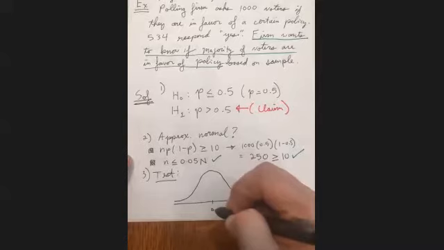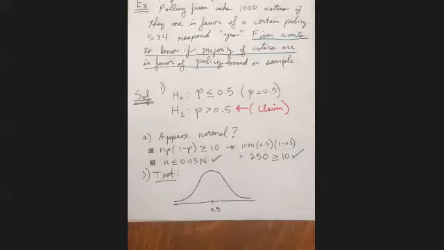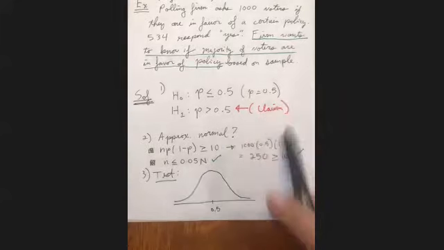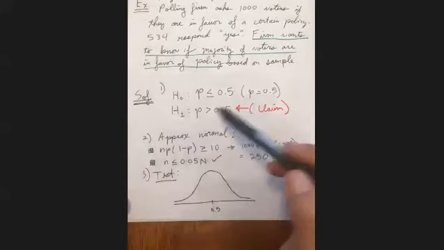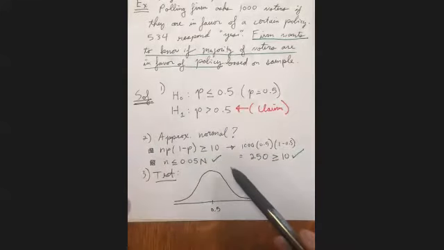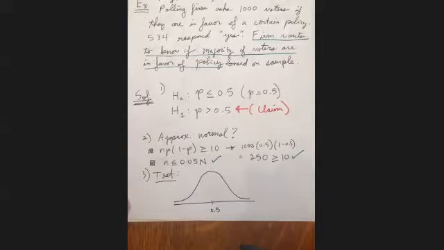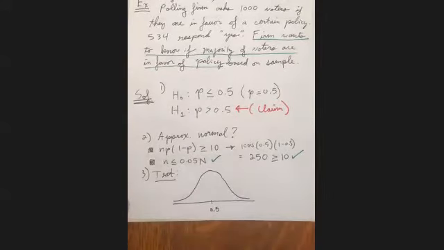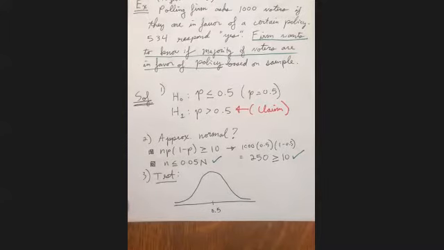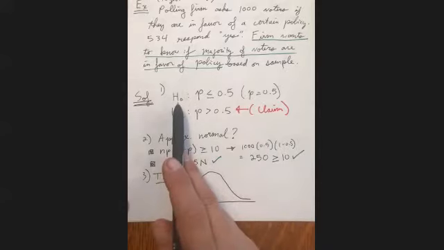Okay. So we assume the null hypothesis is that essentially the null hypothesis is assuming that the distribution for the population is normal and that its mean is 0.5. What we are testing is whether or not this assumption is valid. So is the null hypothesis valid or not?